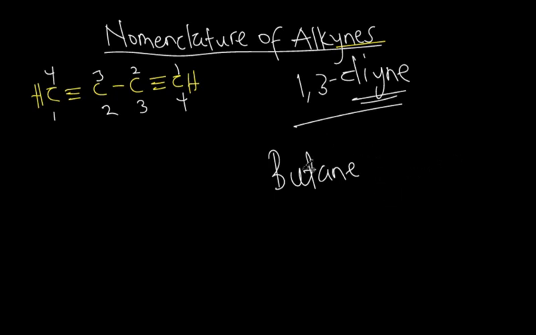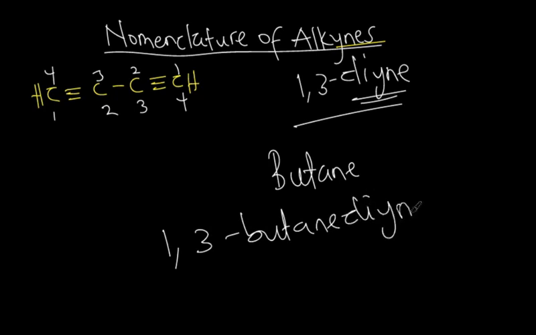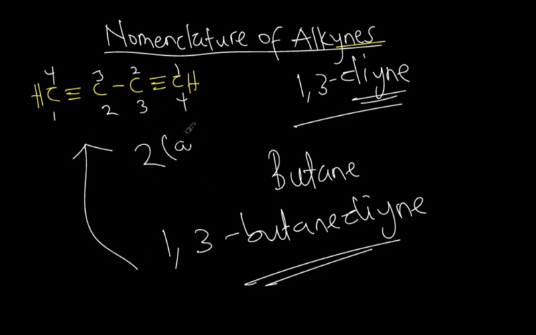So for this particular one, our answer is 1,3 butane diene. This is the name of this compound, the one with the two alkyne functional groups.